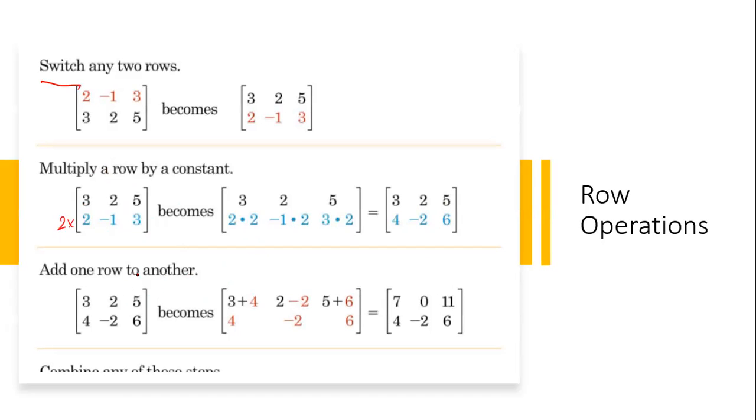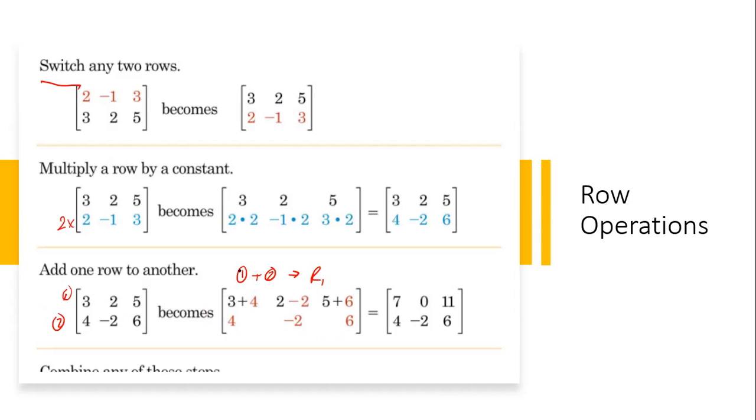And then the last thing I can do is I can add 2 together. When you add 2 rows together, one is going to stay the same and one is going to change. So for example, I have row 1 and row 2, and I'm going to perform row 1 plus row 2. It's only going to replace row 1. Row 2 is going to stay the same.